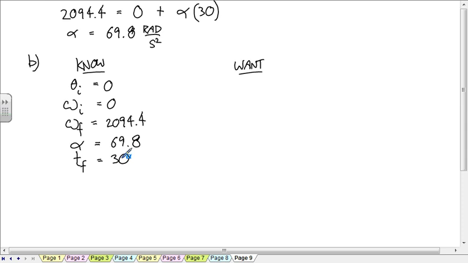And what are we looking for? Well, the idea is we're going to look for theta final, get a huge number of radians, and then we're going to convert from radians to rotations because every 2 pi radians is 1 rotation. Looking for theta final, what equation do we want to use?